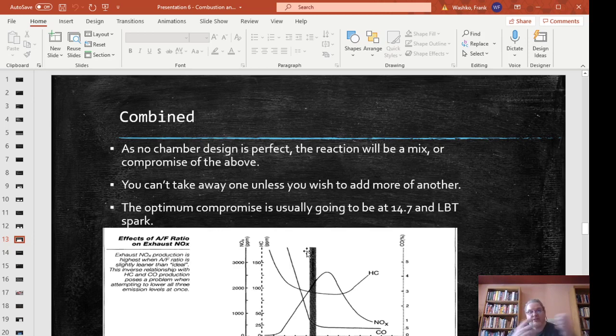However, no combustion chamber is 100%. It's not burning 100% through the fuel. There's some small percentage of the fuel that's not being burned. There may be some hot spot in there that's creating NOx. There may be a cold spot that's creating CO or hydrocarbons. So it's not completely 100% one thing or the other.